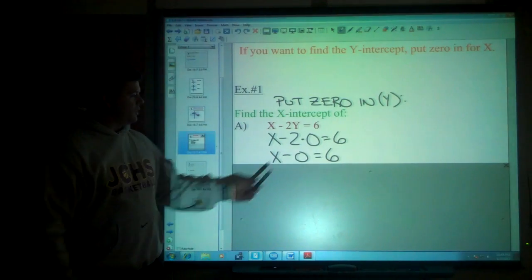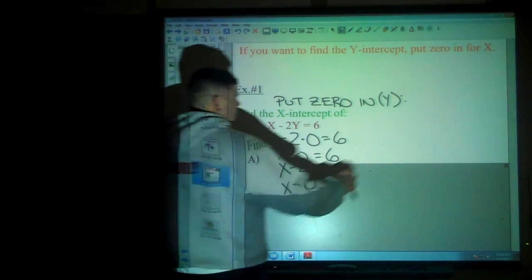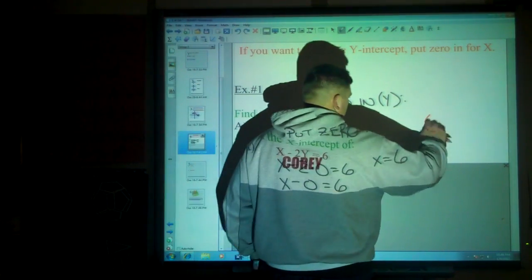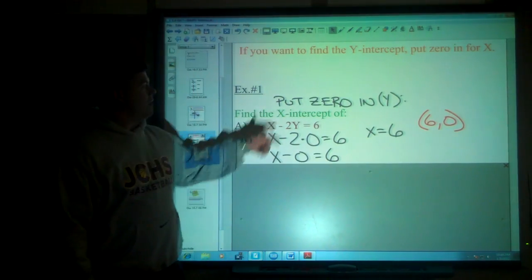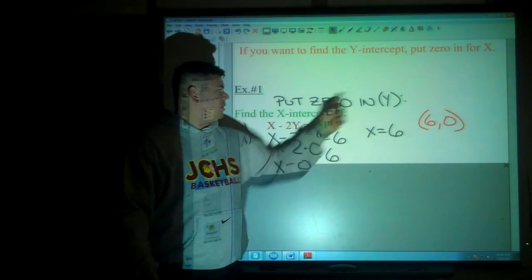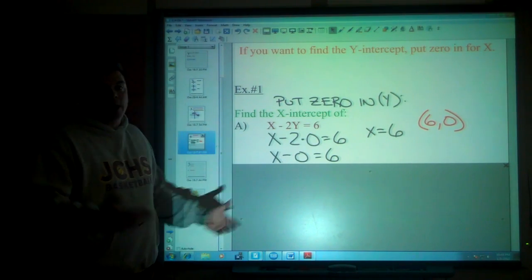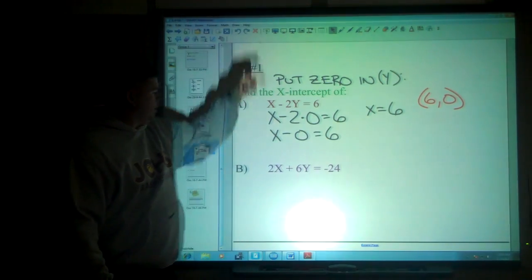Well, if you take 0 away from something, you're not really taking anything away, which means x equals 6. So our coordinate would be 6, 0. Because the x value is 6 and the y value is always 0 when you want the x-intercept. So all we did is plug 0 in for y, and we did the math until we could solve for x.